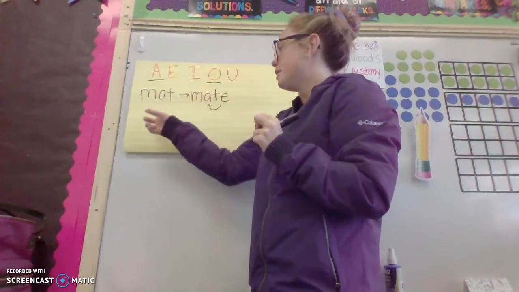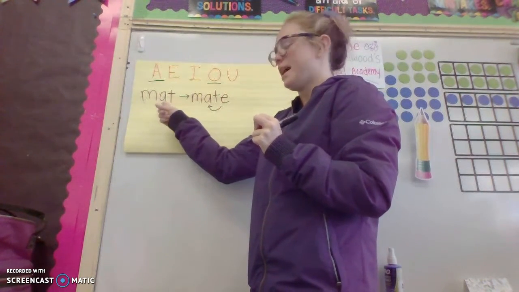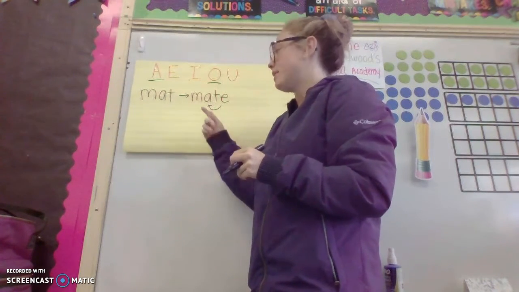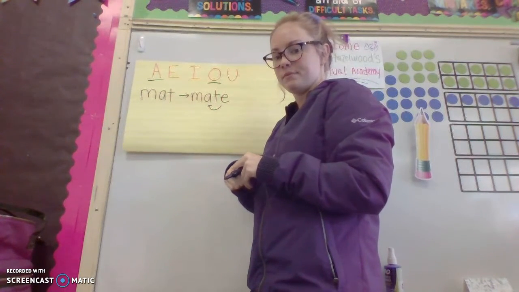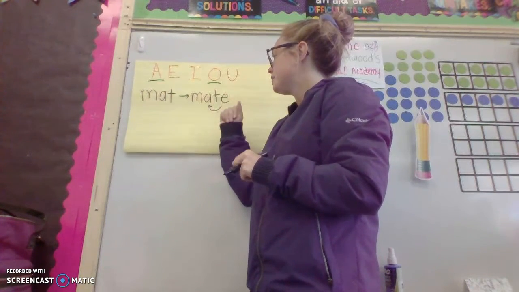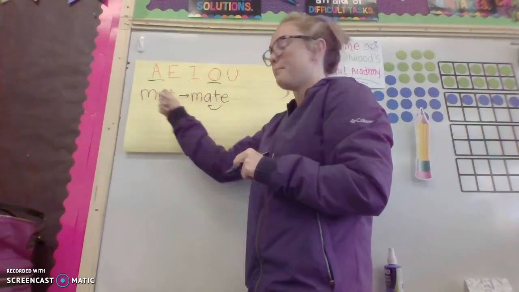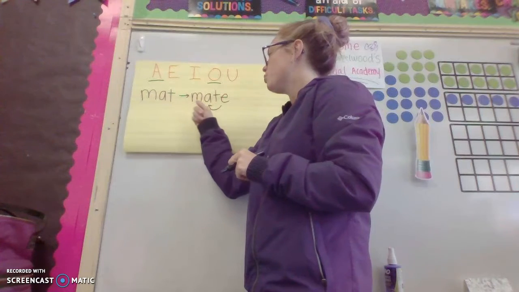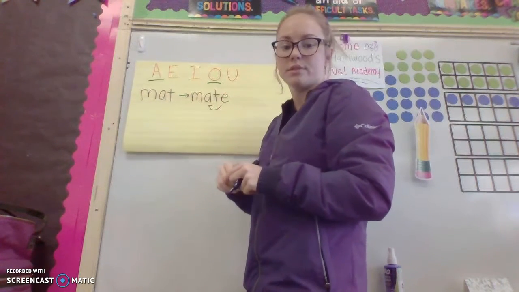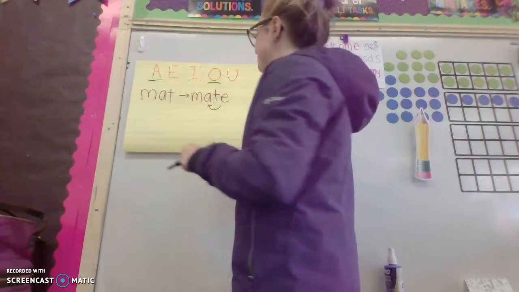So now instead of m-at, the A no longer says at, it says A. See if you can sound out this new word. M-a-t, mate. So the word mat changes to the word mate when we add that quiet E because it changes the vowel sound.